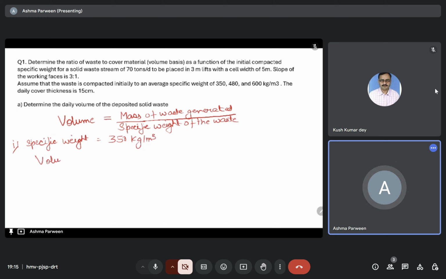So the volume of waste to be handled or placed into the landfill will be the mass which is being generated, 70 tons. Since specific weight is in kg, we will convert it into kg, so we'll multiply by 1000 and then divide by the specific weight, which is 350 kg per meter cube.